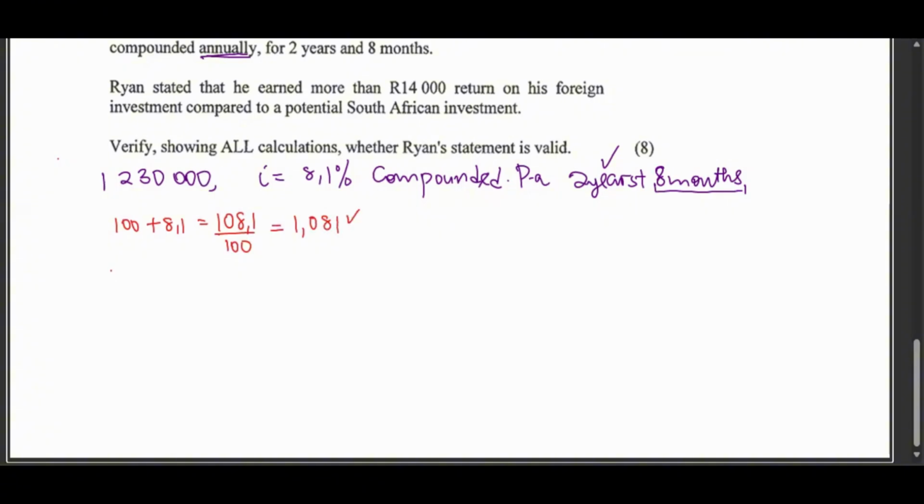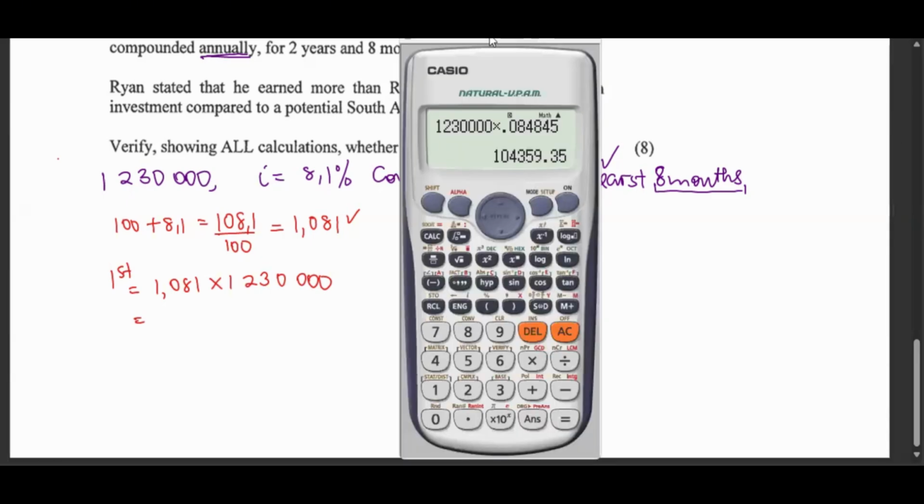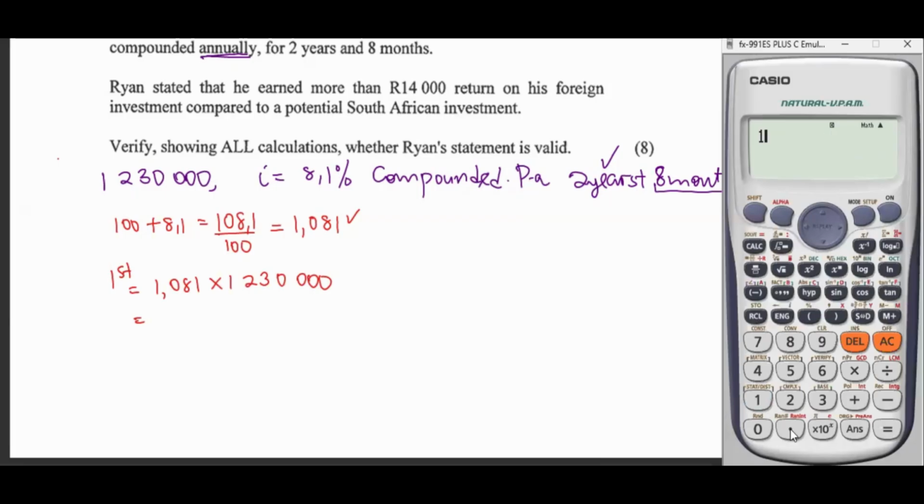This is what we are going to use first. Now, for the first year, we multiply by that much, times the money that was invested. Let's put it in our calculator and we see. We shall end up having 1.081 times 1,300,000.